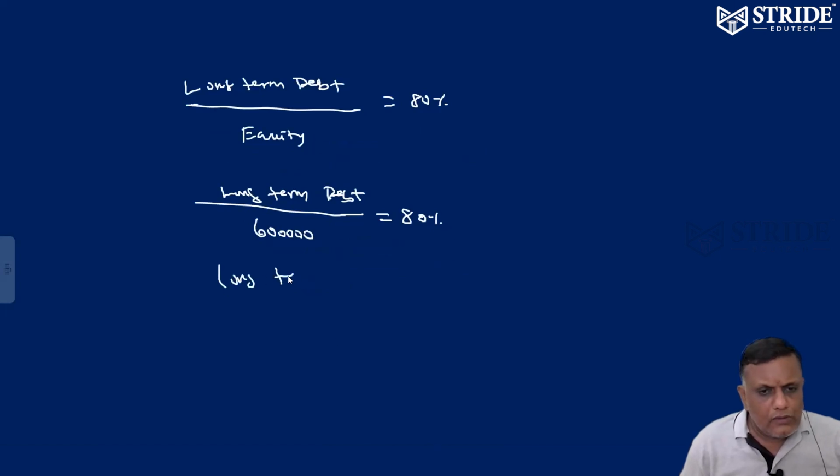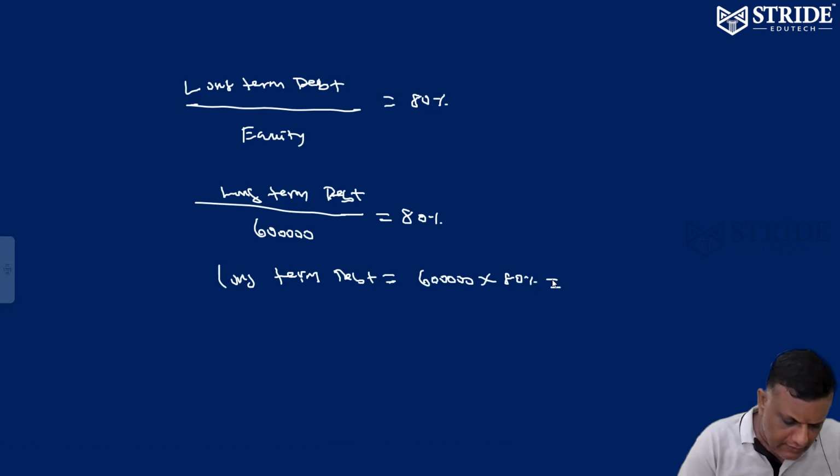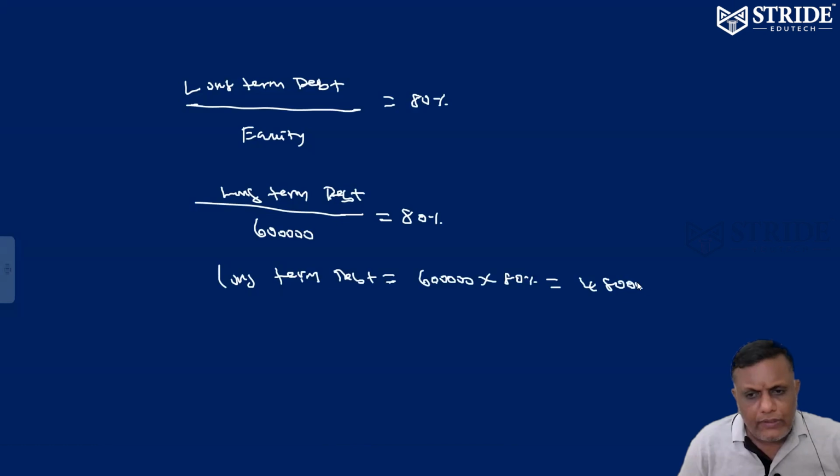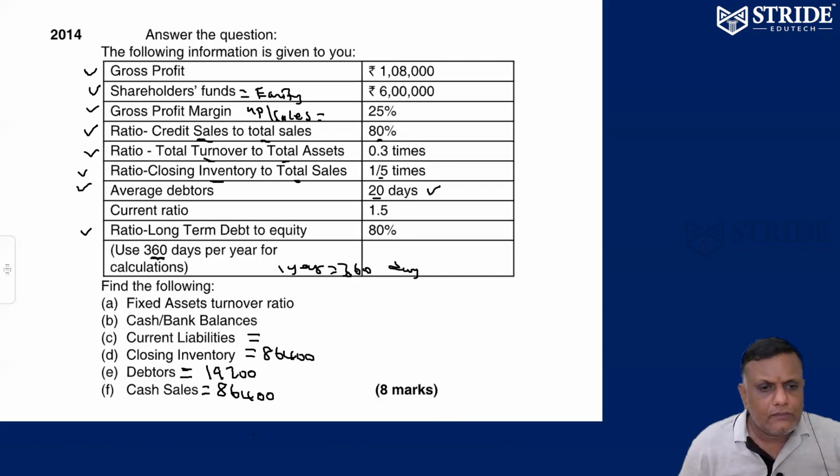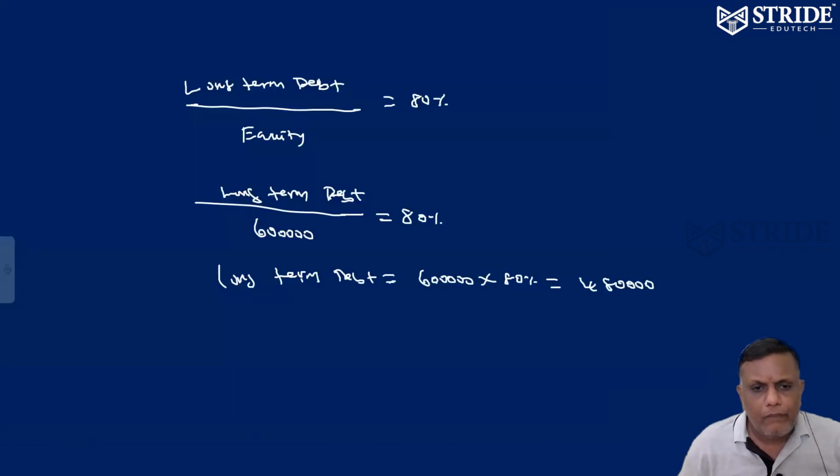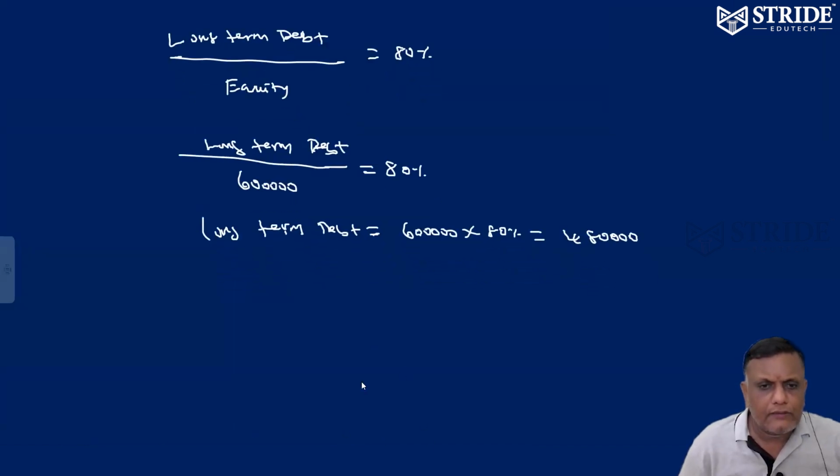So long-term debt is equivalent to 6 lakh into 80%. It's going to be 4 lakh 80,000. Please check it out. Fine. Long-term debt is going to be 4 lakh 80,000. Right.